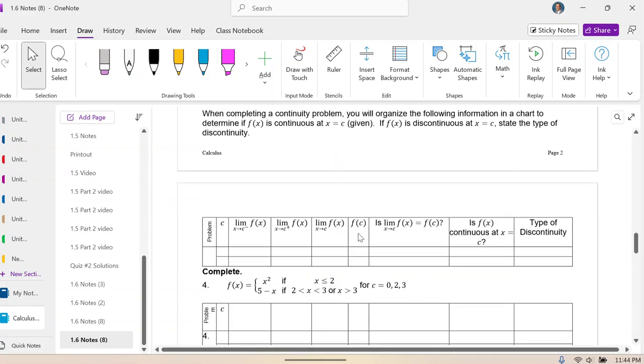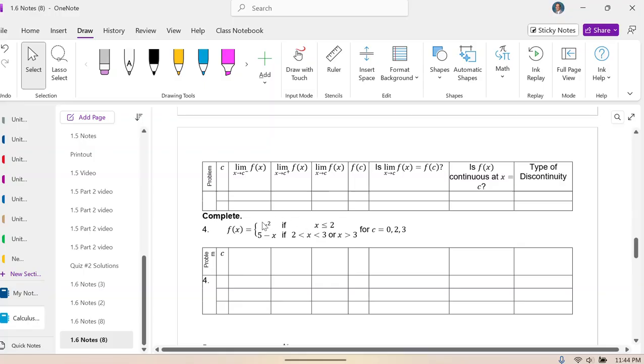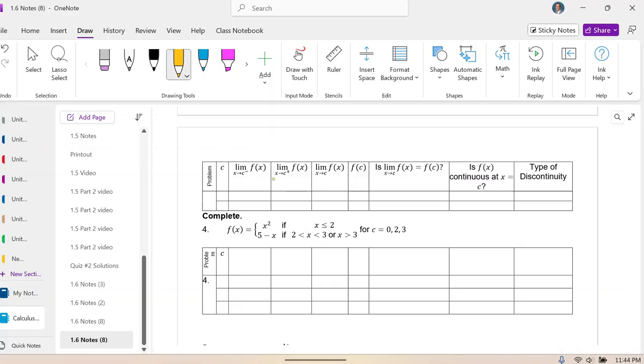So a continuity table for problems, like for example this one, and so the headers here, I'm not going to rewrite them all, but they would go here. So for problem number 4 here, the values it wants you to find the limit for, the first one is 0.